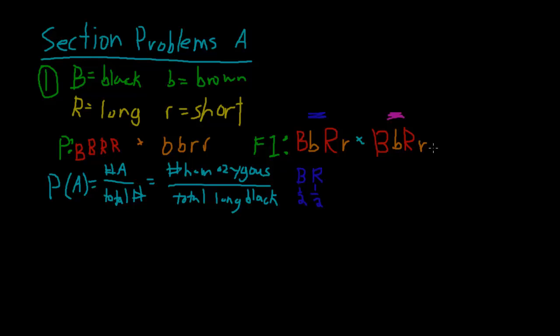And then for this parent, it can either get big B or little b, but we want the big B, which is a 1/2 chance. And it also needs the big R, which is also a 1/2 chance.